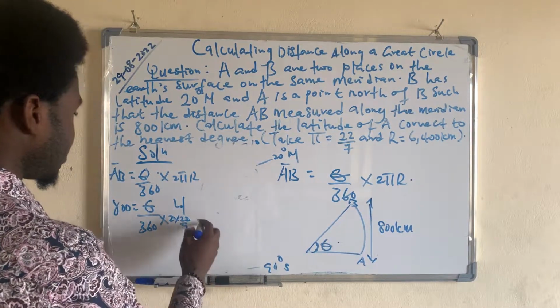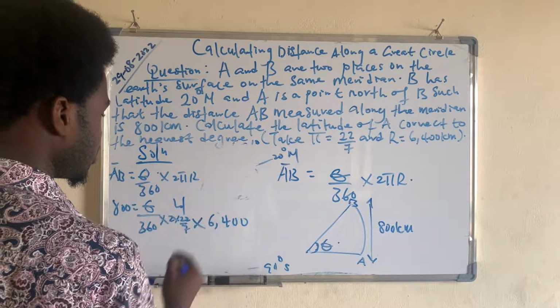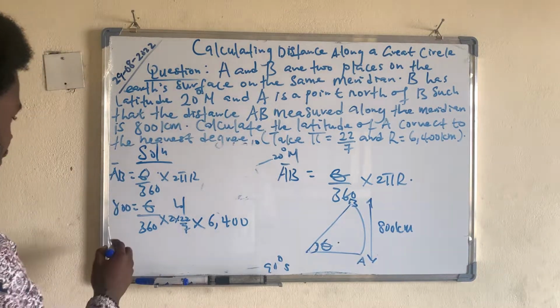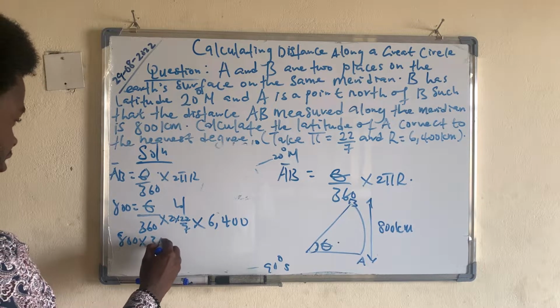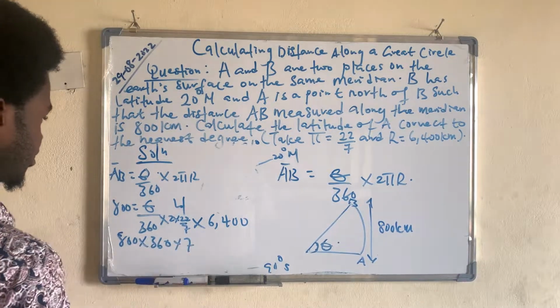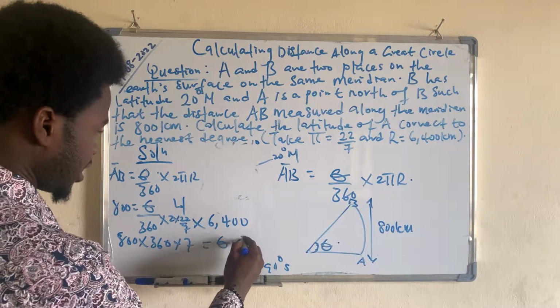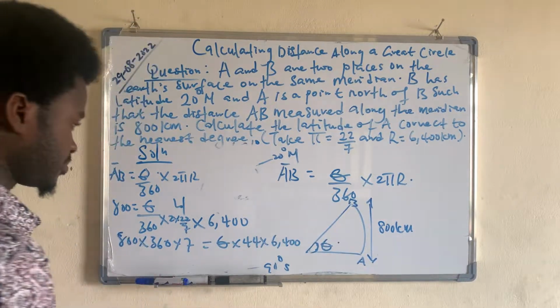2 times 22 over 7 times 6,400 kilometers. That's the radius of the Earth. Here we have 800 by 360 by 7, which is equal to theta by 44 by 6,400.